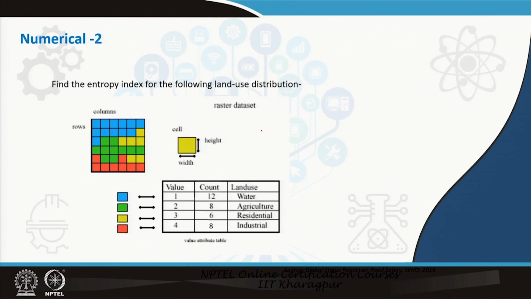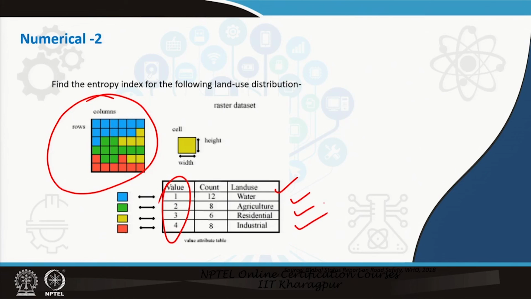For example, if you were asked to develop an entropy index for a land use distribution where there are 4 different types of land uses: water, agriculture, residential and industrial, and you have different parcels, say 12 parcels of water, 8 of agriculture, 6 of residential and 8 of industrial.